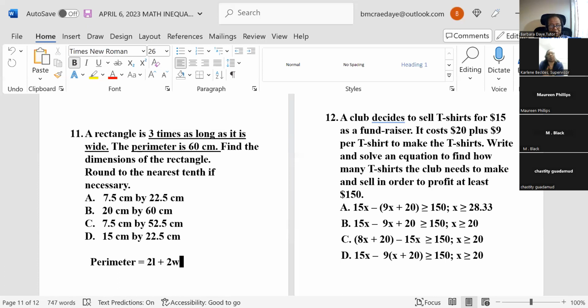The rectangle is 3 times as long as it is wide.